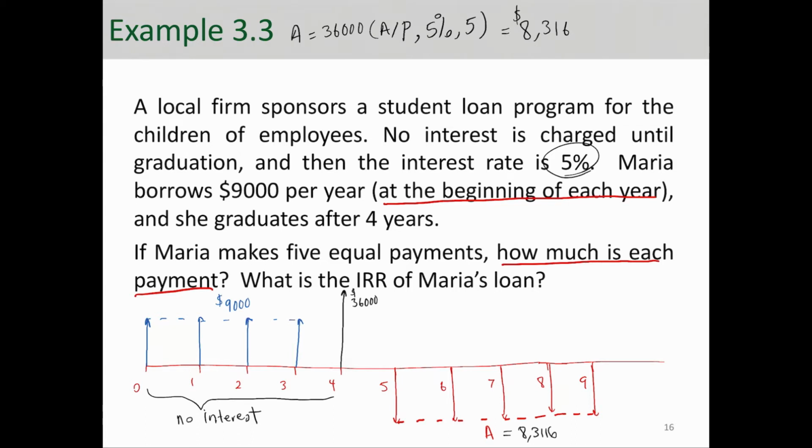Well, right from the get-go, because there's no interest here and there's 5% interest here, overall throughout the 9 years, the IRR has got to be less than 5% because no interest was charged here and only 5% charged here. So overall, the interest or IRR of this loan is going to be less than 5%.